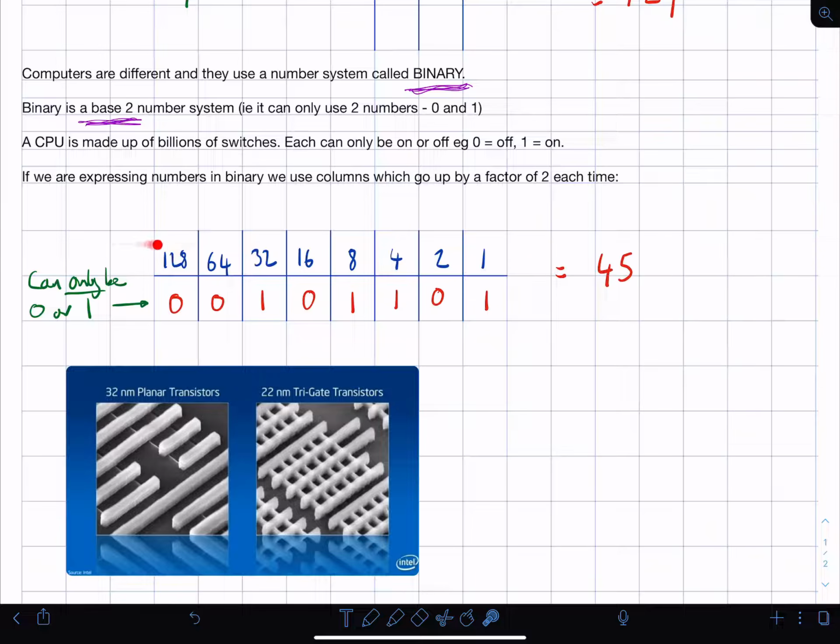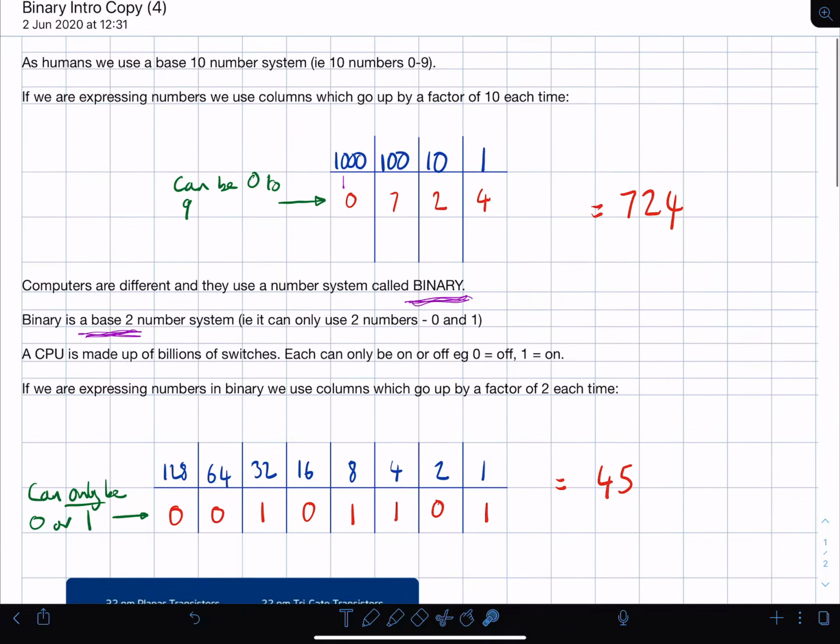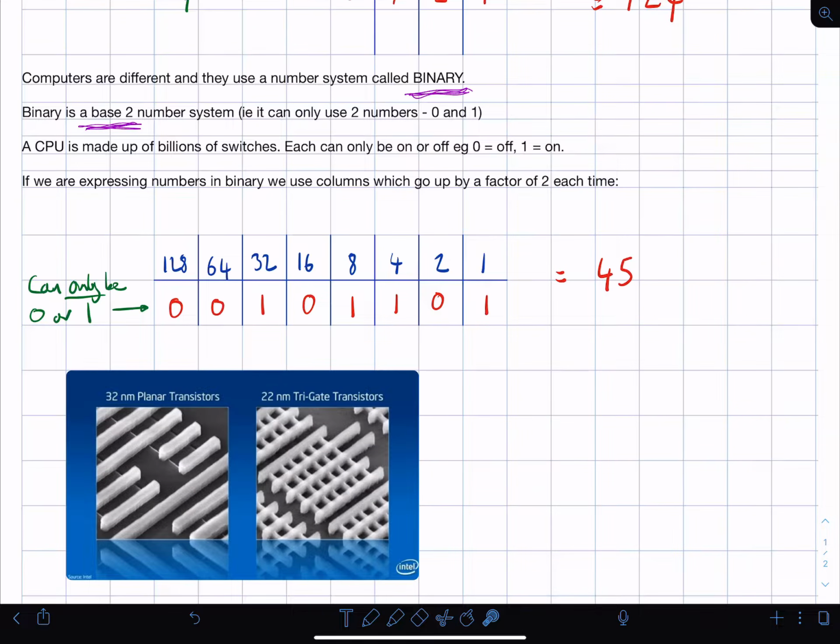We could go further, but I'm just going to use 8 bits here, each one of these columns being what we call a bit. The thing we put inside the column to indicate if we've got that number or not can only be a 0 or a 1. Remember, in base 10 we can use any number from 0 to 9, but we can't do that in binary. So this is how it works.